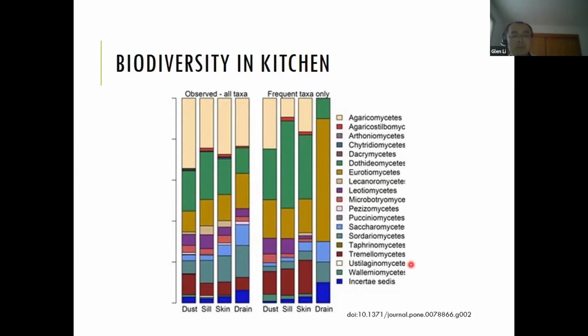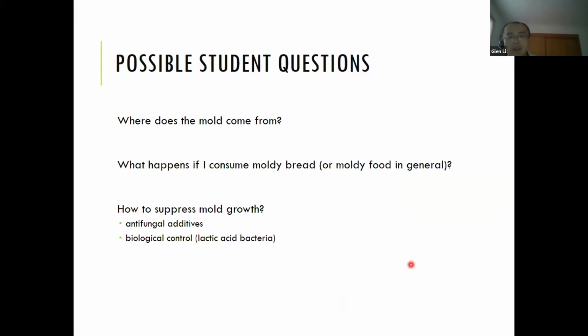Okay, a couple of questions that you may expect from the class. Where does the mold come from? Mold spores are very common in our living environments, particularly in areas with high moisture.